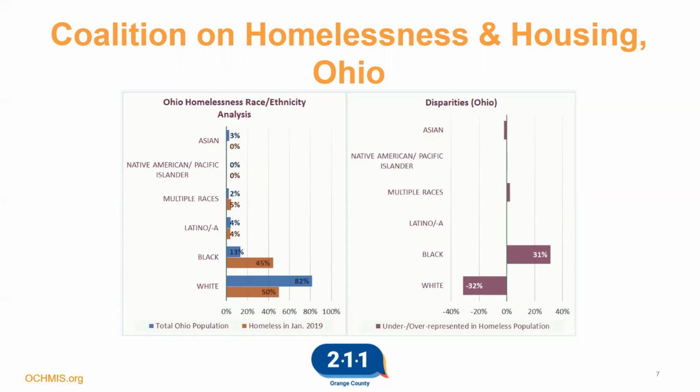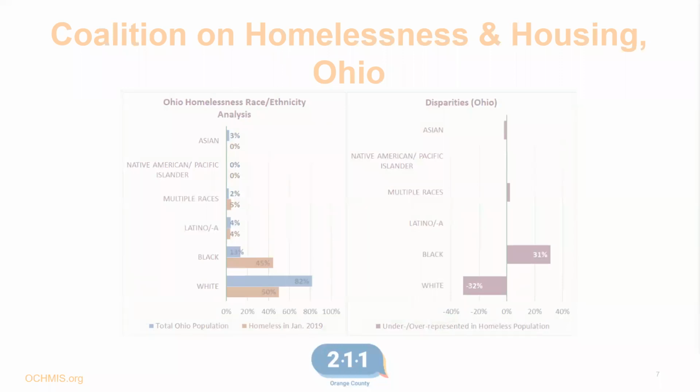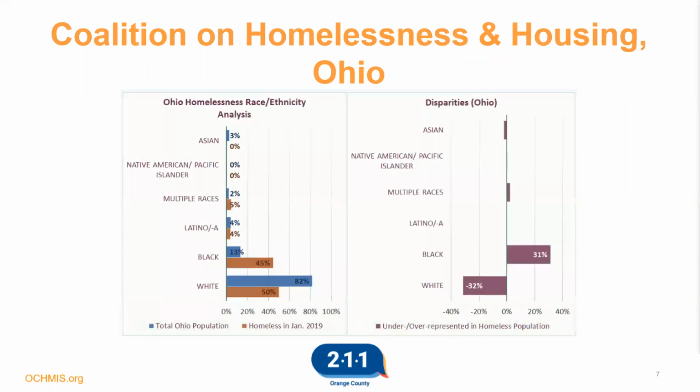However, there's a huge amount of that small sliver who are homeless. So I think showing this 31% or whatever, versus the white people here, is really telling. It's very compelling, or it's in your face. It shows you.